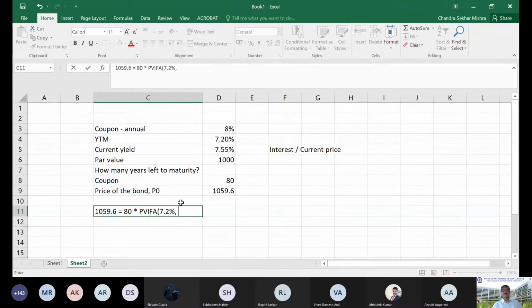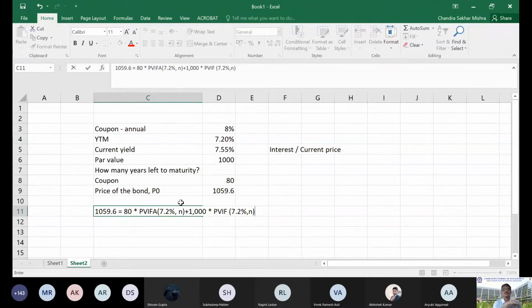N is actually to be found out, correct? Plus 1000 into PVIF, not PVIFA, PVIF, 7.2%, comma N. Okay, right.